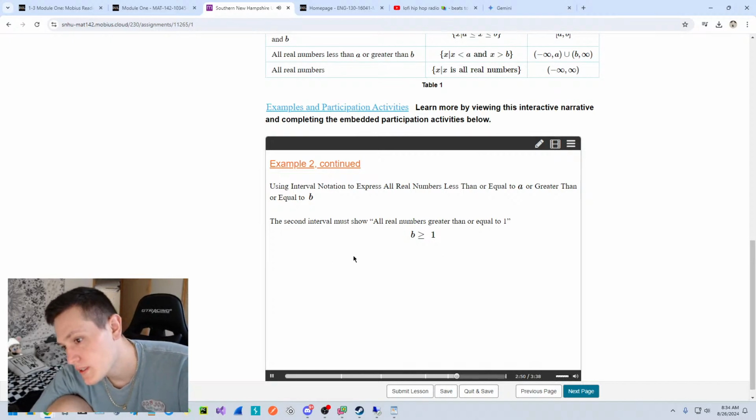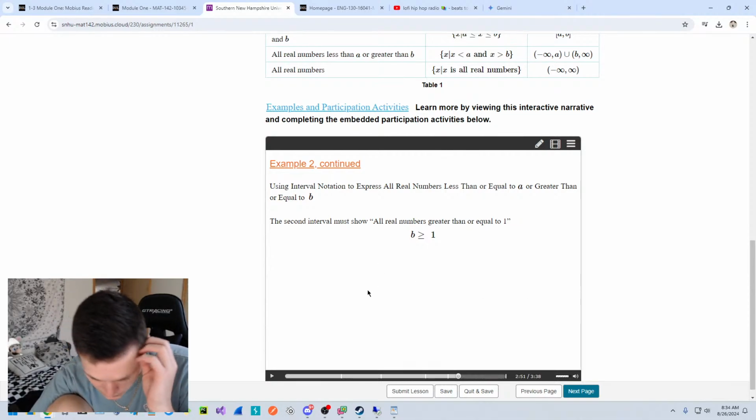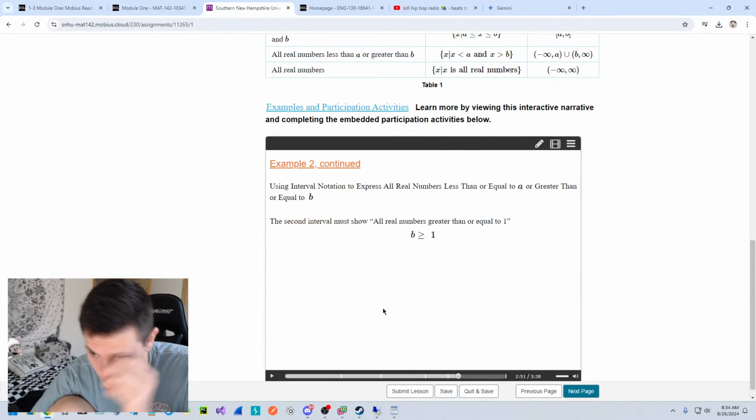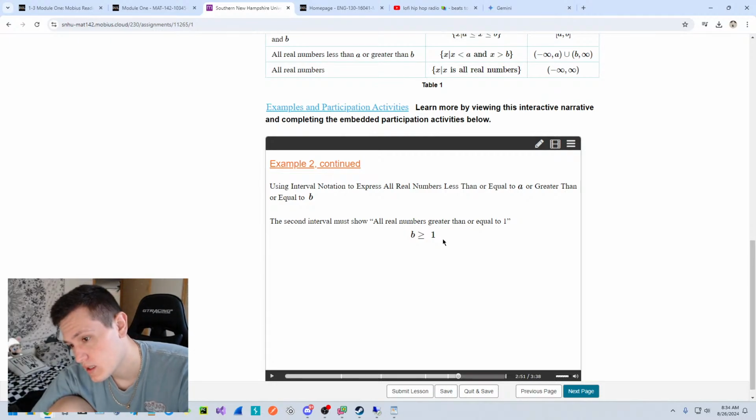B is 1. So the arrow would be going to the right-hand side, and it would be positive 1 to infinity, and if it's greater than or equal to, it's a bracket, I think.